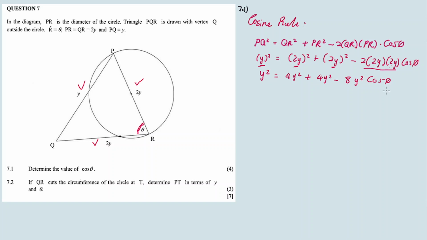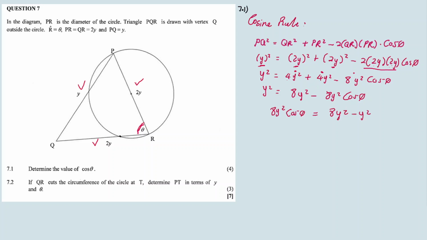So now, 4y squared plus 4y squared is equal to 8y squared. Now, since we want to make cos theta the subject of the formula, we take this negative 8y squared cos theta and transpose it to the left and bring this y squared to the right.